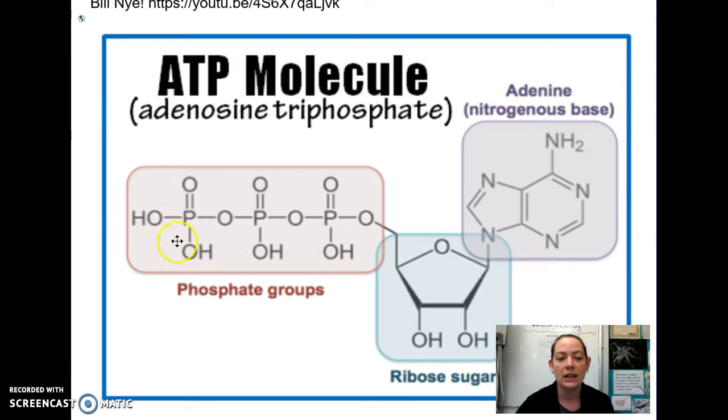There are 3 of them, thus the prefix tri here. So triphosphate means there are 3 phosphate groups, just like a tricycle has 3 wheels, right? So these phosphate groups store a lot of the chemical energy for ATP.